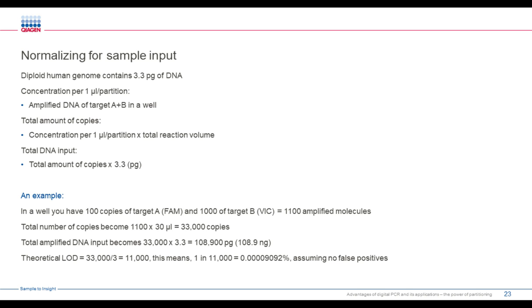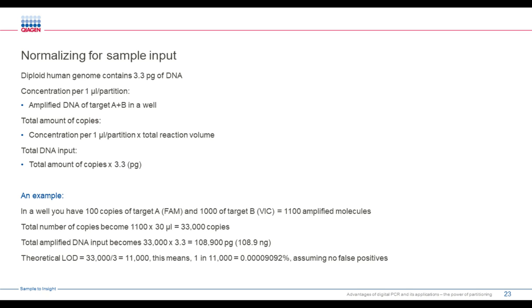If we look at how you can normalize a sample input, this is actually a way of doing that. In this example, this is human DNA, and this is mostly for people working with, let's say, plasma. You have so little sample, you don't want to waste it. So in this case, what you can do is just use what you have totally amplified inside your well.